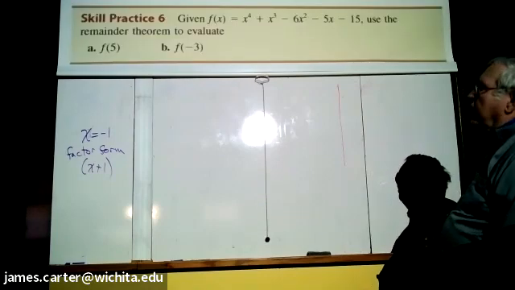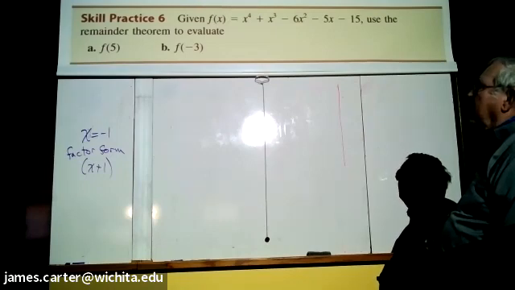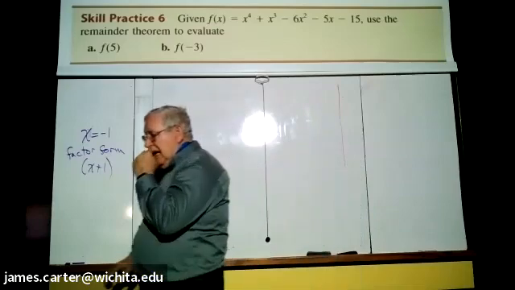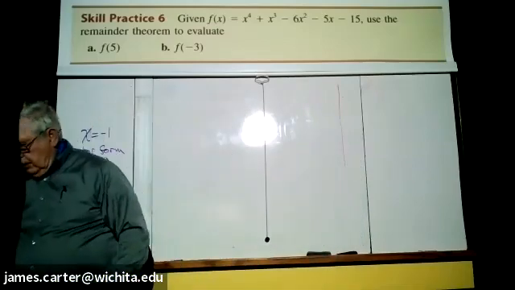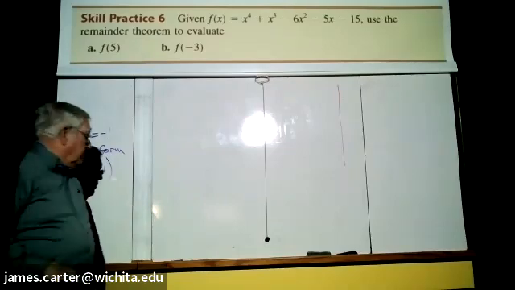Okay? Now, let's look at these. It wants us to evaluate these. This is basically a substitute and solve. To do that, I'm going to get out of PowerPoint and go to my calculator, because I don't feel like multiplying 5 to the 4th power. Actually, I can. Those numbers aren't that terrible.